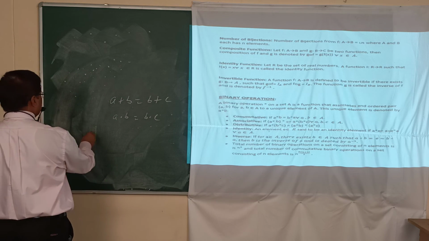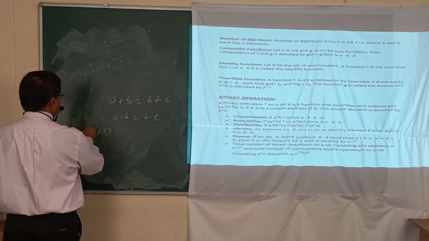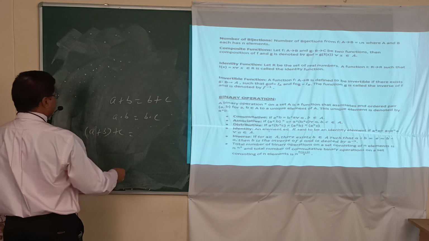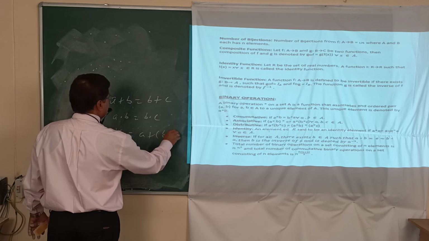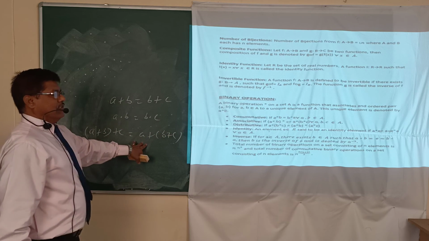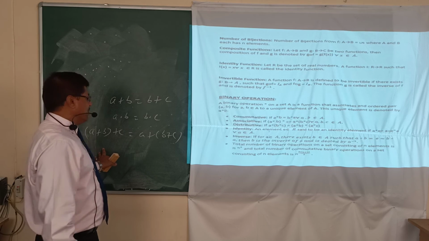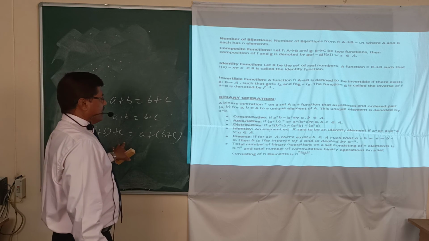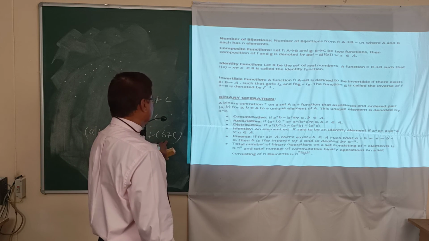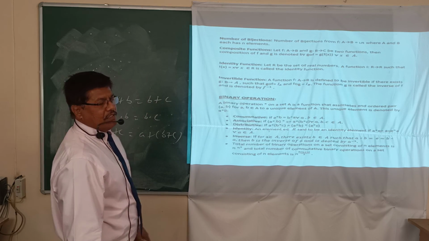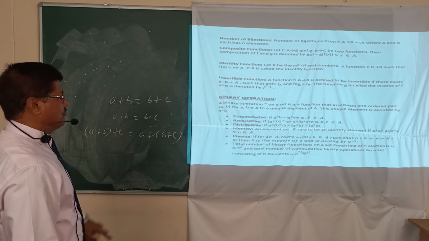In this, three elements are there: A plus B, and we take C here. Just in simple words, the same thing is followed in the binary operation: A plus B plus C is equal to A plus B plus C. You can interchange it, so there is no change in its value.